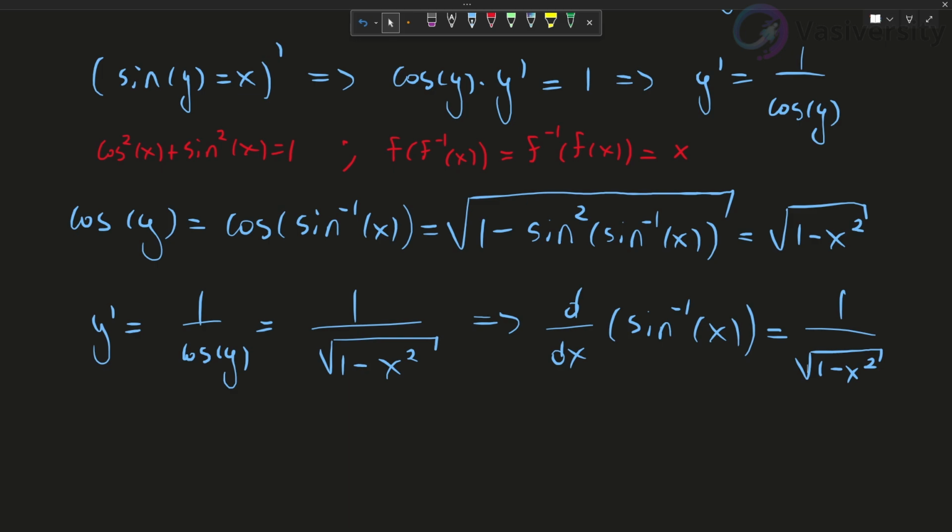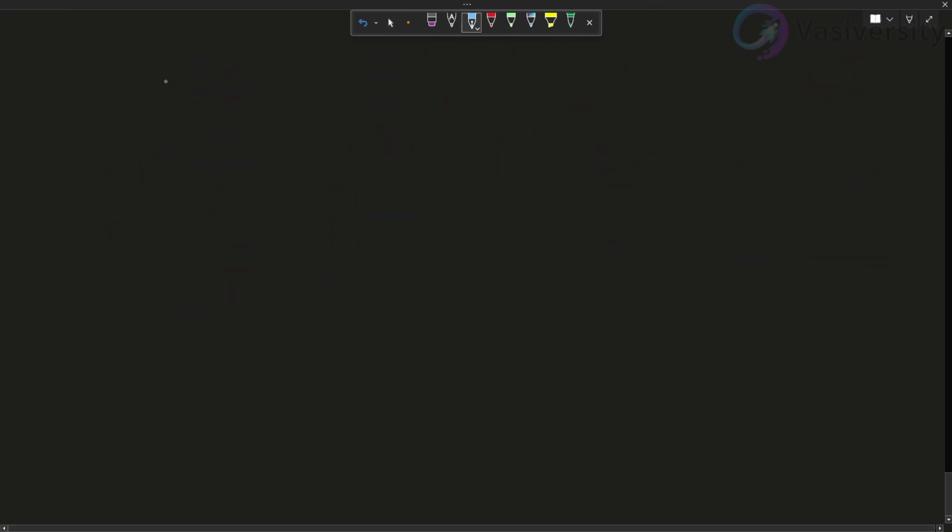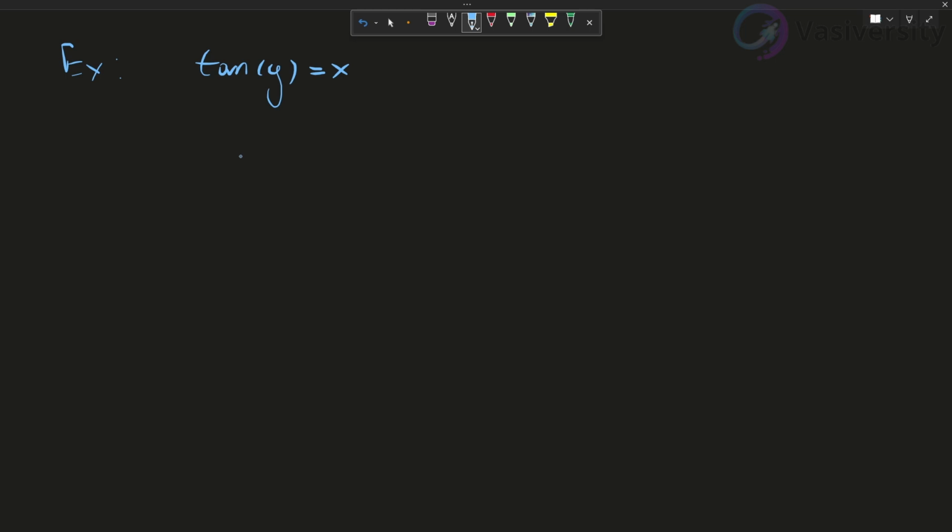So what other easy way could we do that? Well, we could do the same thing for the tangent. If we consider tangent of y is equal to x, this is one of the very important and very commonly used ones. If we take a derivative, we will have secant squared y times y prime is equal to 1, which means y prime is 1 over secant squared of y.